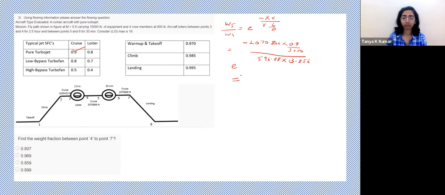What is this value? Then after that, we calculate W6 by W5. You tell me this quantity, W5 by W4.